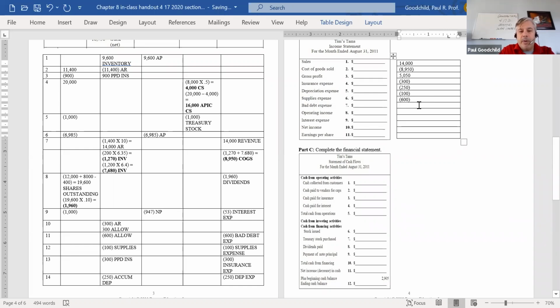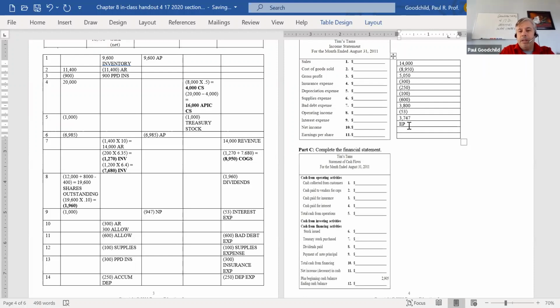So for operating income, I get 3,800. Interest expense, 53. And so the net income would be 3,747.